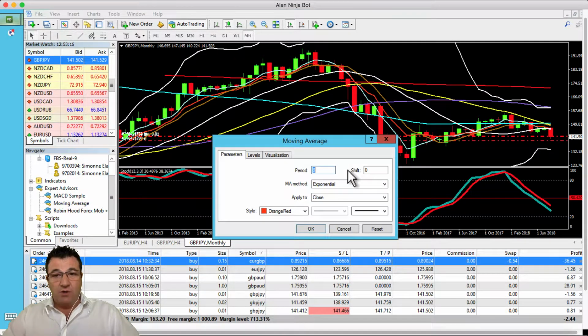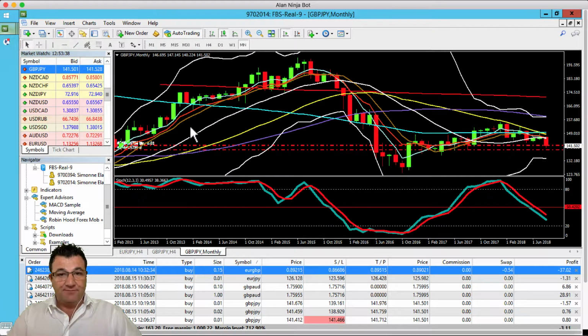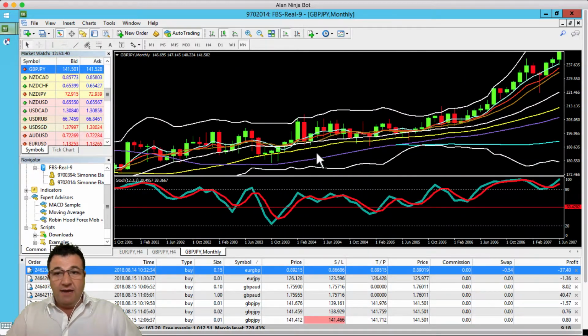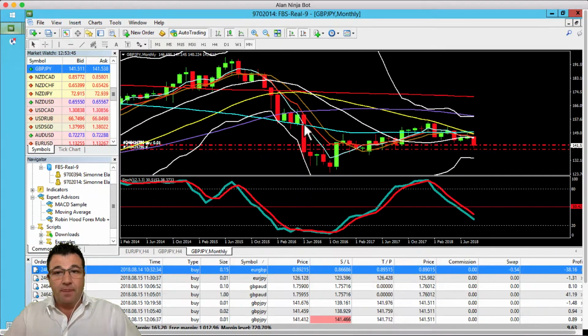Let's double click it and show you it's an 8 exponential moving average on the close. I've marked it in red. I've got lots of other lines on this chart, which I'm going to go through with you later on. But right now, let's analyze the Doji, so as to make a decision on when you should have gotten into a trade.